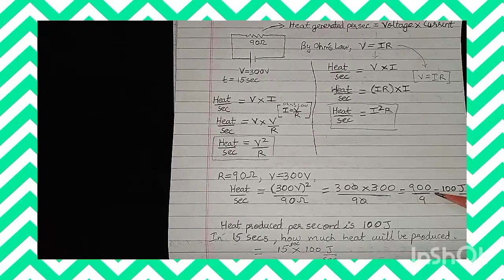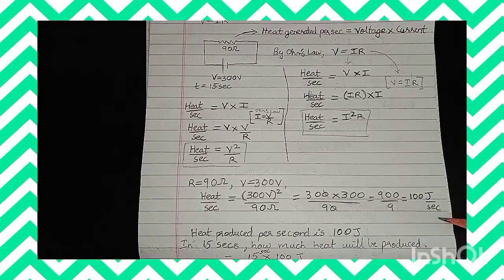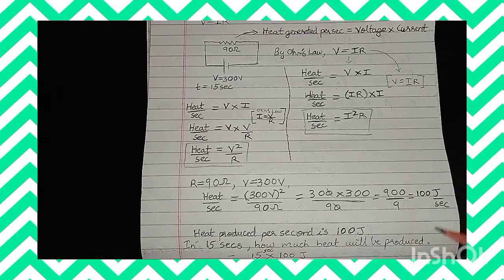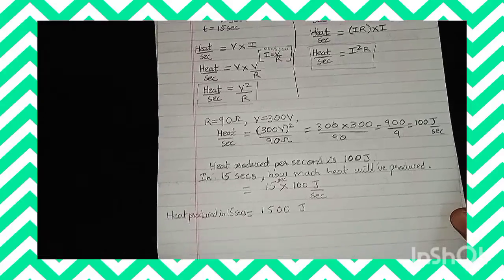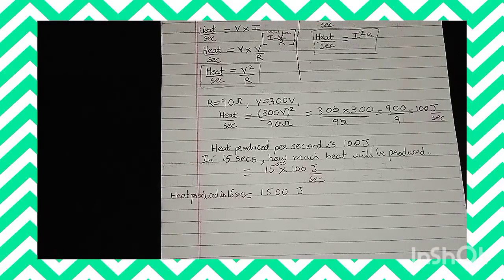Once you solve this, you will get 100 joules per second. So the heat produced per second is equal to 100 joules. So in 15 seconds, how much heat will be produced? You have to multiply 15 seconds into 100 joules per second. So the heat produced you will get is 1500 joules.